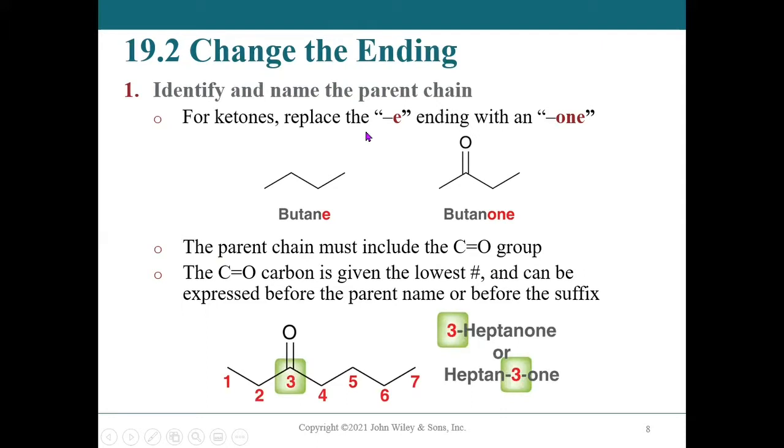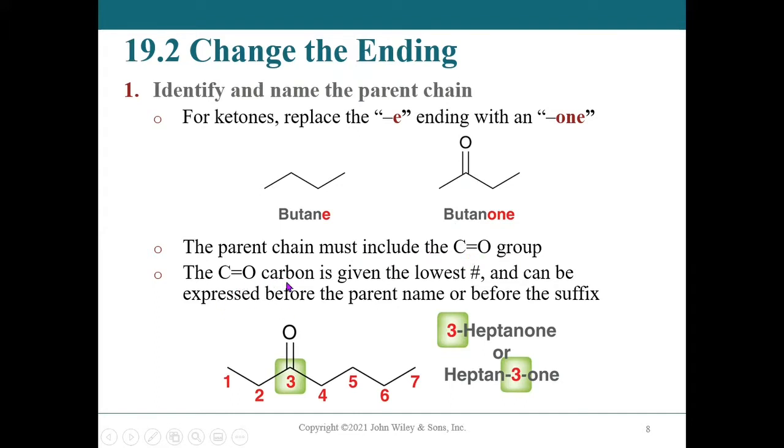For ketones, replace the E ending with ONE. For example, here is butane, and then this one is butanone. In this case, we don't have to indicate where the carbonyl is. It cannot be at the end. If in the middle, just in the second location. So the parent chain must include the C=O group.